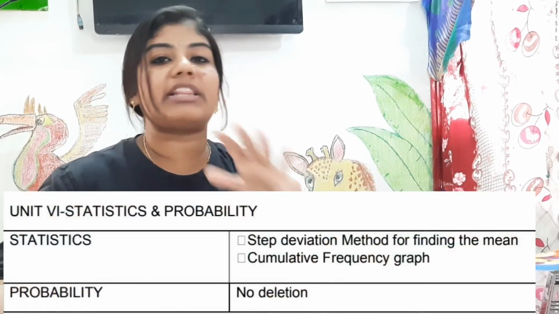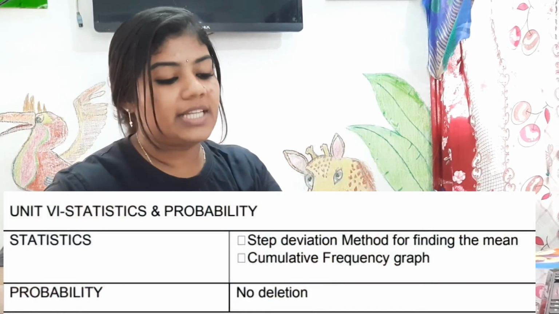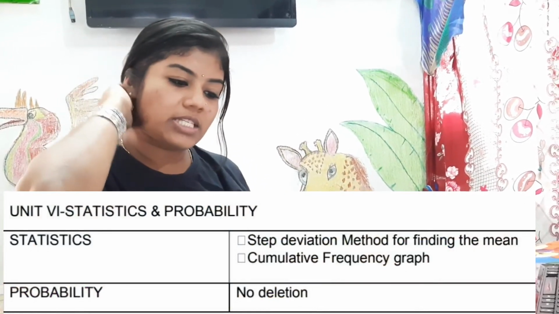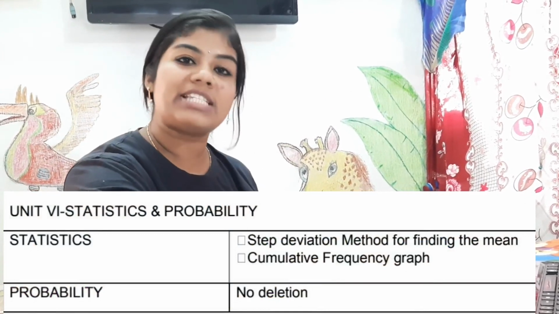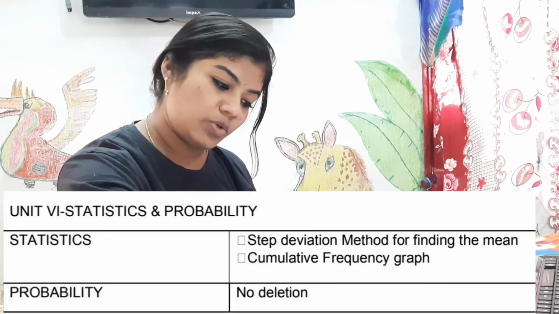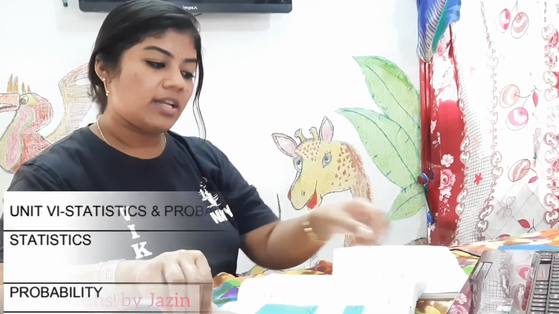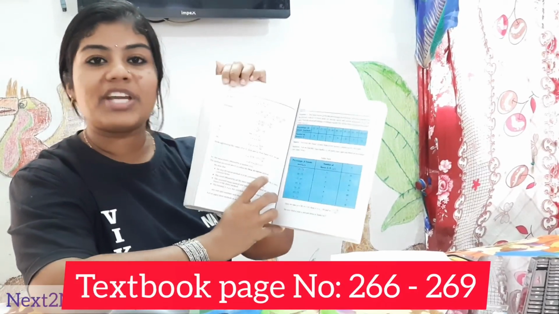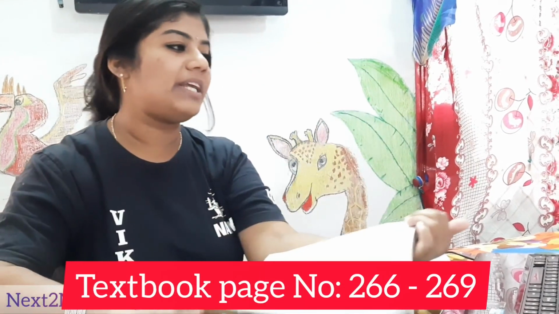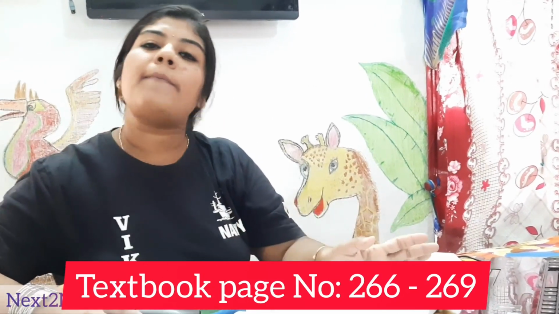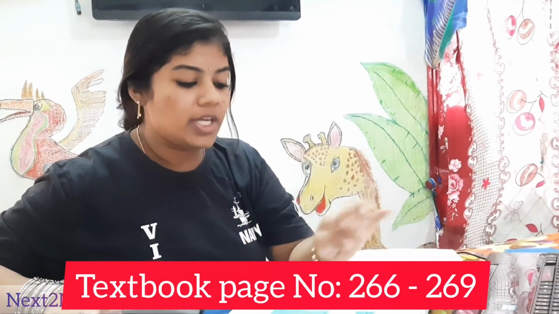Let's read that section: step deviation method for finding mean. That is a method of describing. Take page number 265, 266. The step deviation method problems we use for finding mean are completely removed.